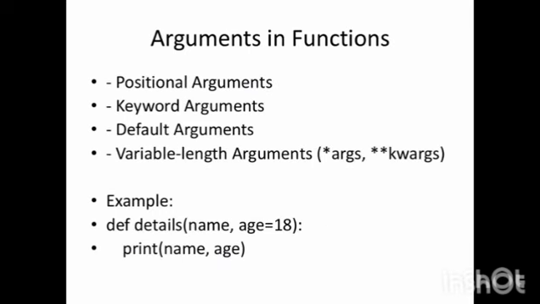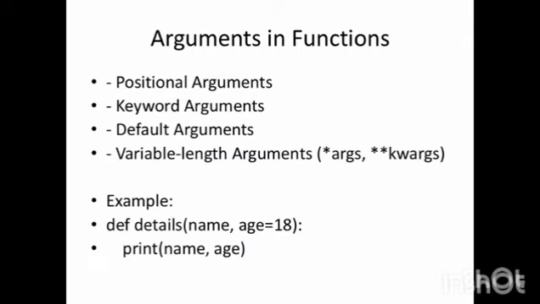Arguments in functions. Arguments allow you to pass information into functions. There are several types of arguments in Python: positional, keyword, default, and variable-length arguments. Positional arguments are passed in the exact order the function expects them. Keyword arguments allow you to pass values by naming them, so the order doesn't matter.